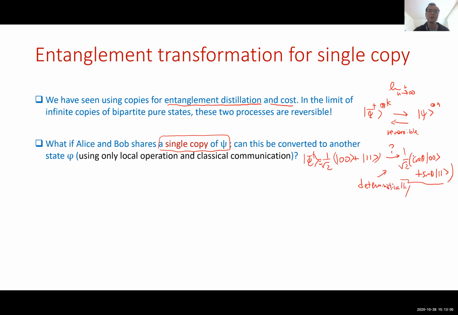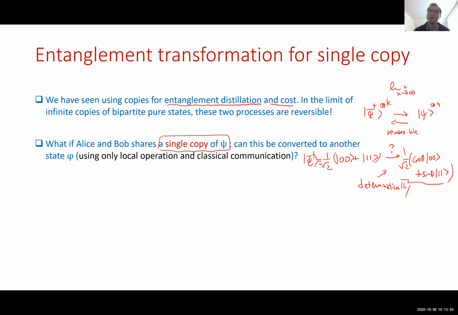I can only ask Alice and Bob to perform operations on their local qubits. They cannot do a global unitary. If you can do a global unitary, you can rotate, right? But suppose they are very far away, could you achieve this?